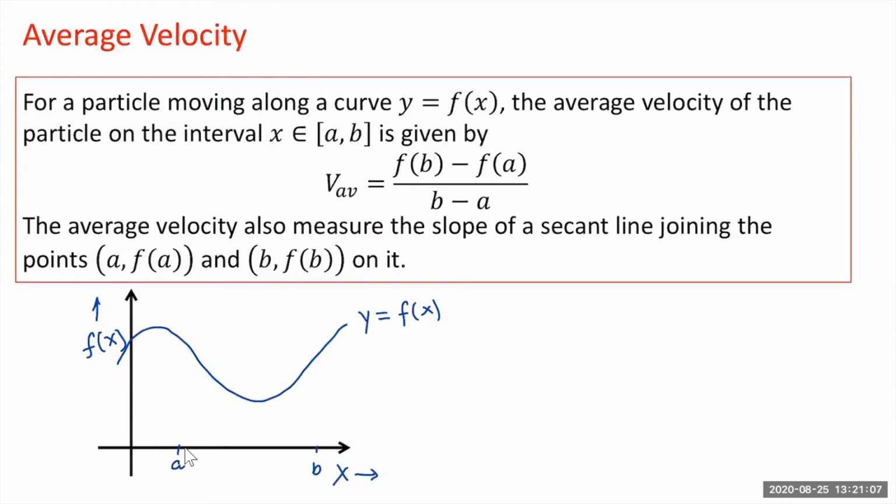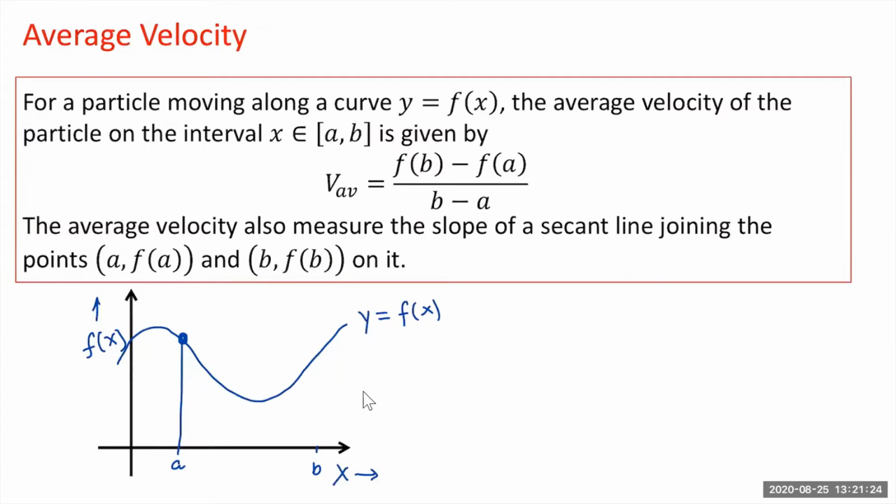So when x is equal to a, the position of the particle will be this one. Here is the particle on the graph when x is equal to a. And when the time is increasing, when time is b, the particle will be somewhere up there.